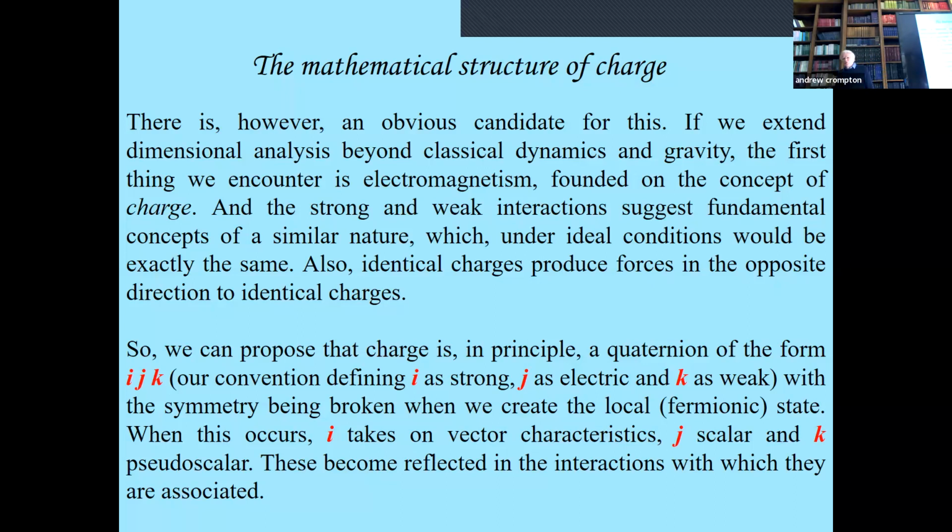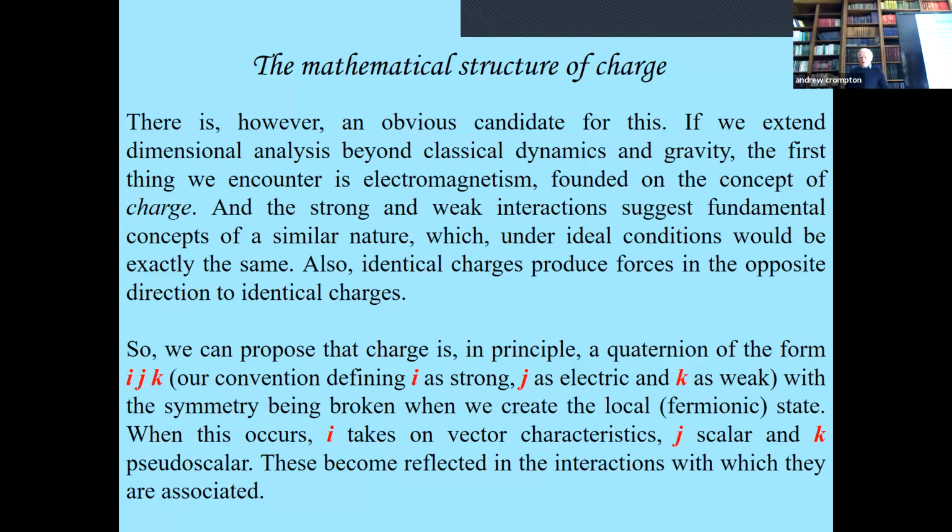And we know that identical charges produce opposite forces to what identical masses will produce. So our good bet is that charge is a quaternion defined this way. And we will define I as strong, J as electric, and K as weak. And we'll show why later.